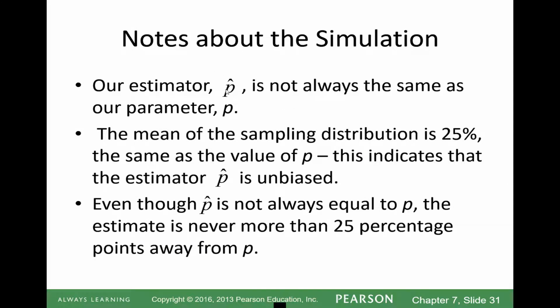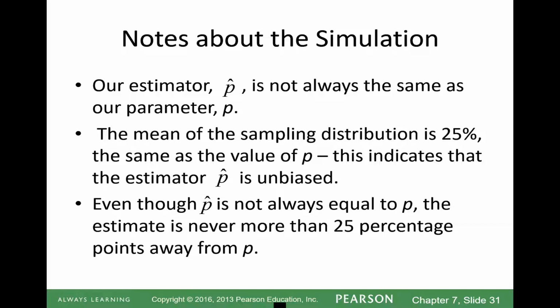Our estimator p hat is not always the same as our parameter. The mean of the sampling distribution is 25%, the same as the value of p, which indicates that the estimator is unbiased. So if you choose a sample and the sample represents the population, it's an unbiased sample.